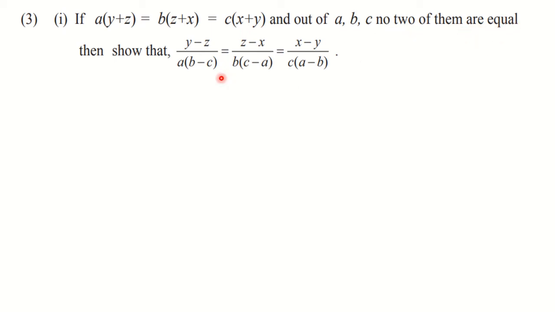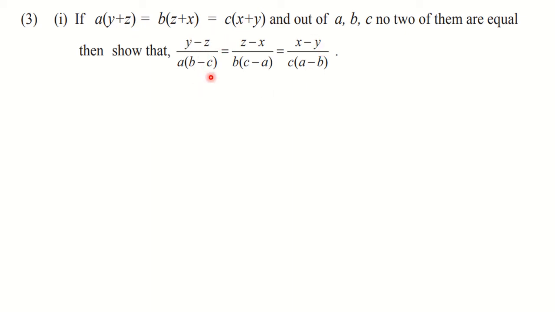Why is it given? Because if they are equal, then this bracket is going to become 0 and the denominator will become meaningless, because you know that we cannot divide by 0. That is why this condition is given. This is what we want to prove. We have to start with what is given to us and finish with this.